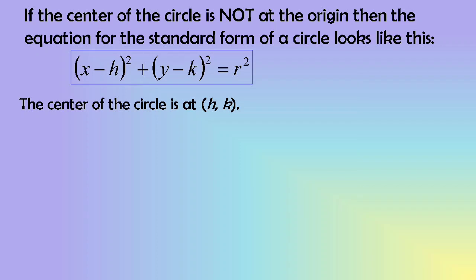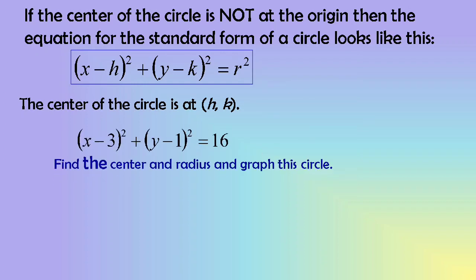If the center of the circle is not at the origin, then the equation for the standard form of a circle looks like this. Let us take a look at this example. We have the quantity x minus 3 raised to 2 plus the quantity y minus 1 raised to 2 is equal to 16. So here, your h is 3 and your k is equal to 1.